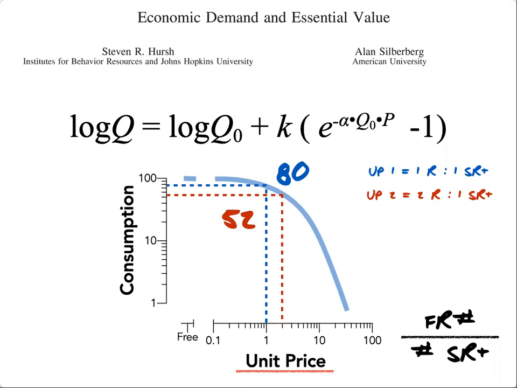Now, another way that you can get unit price, though, is that you can hold the response requirement constant and actually manipulate the reinforcer magnitude. So if you wanted to get a unit price of 2, you could have 1 response, but now give half the amount of the reinforcer. And so that conceptually is the same thing as 2 responses for 1 reinforcer.